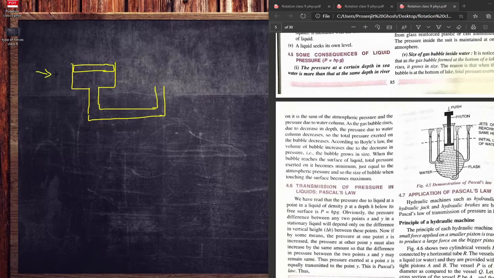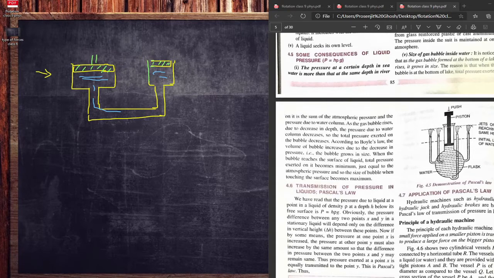One is a little bit broader, another is a little bit smaller. And these two chambers are full of liquid. These are the pistons. Piston means a movable system. If you press this, it will move down. If you pull it up, it will move up. This is how it works. So we have this piston over here.